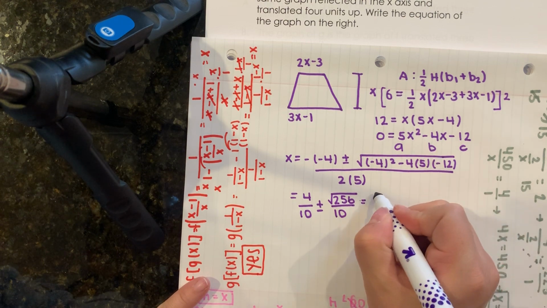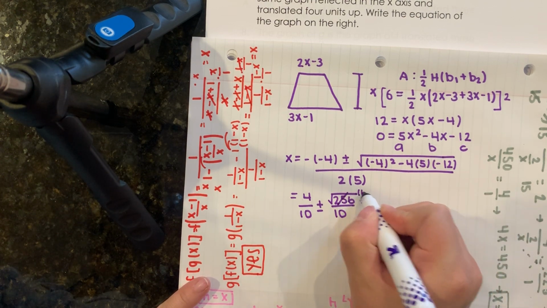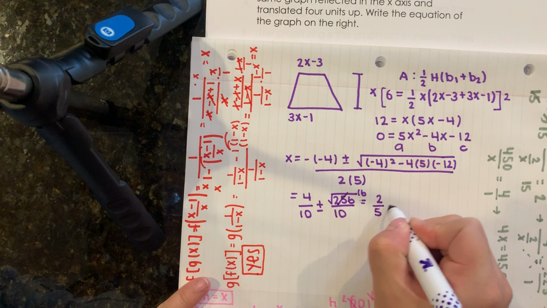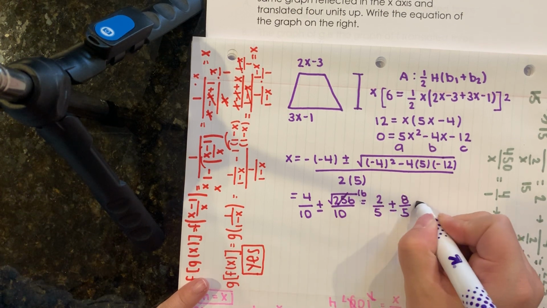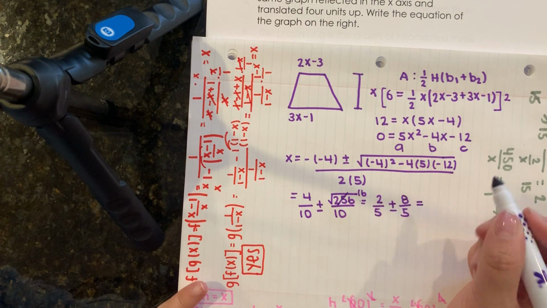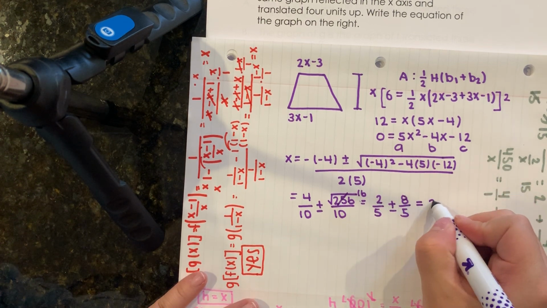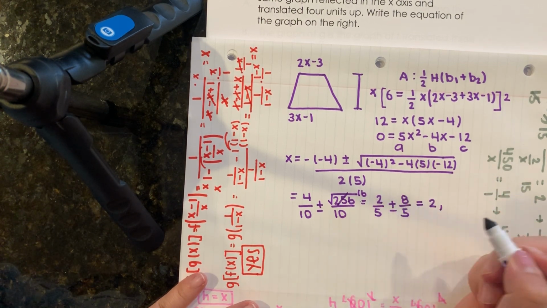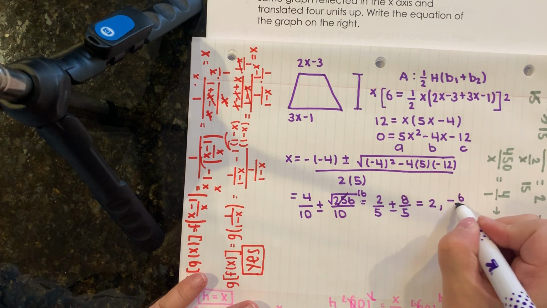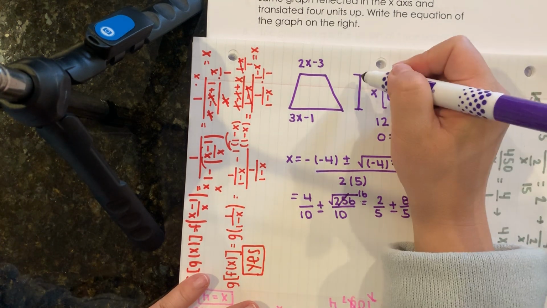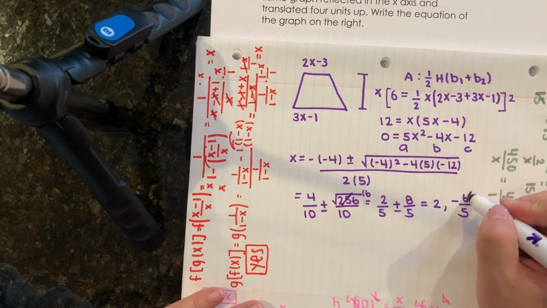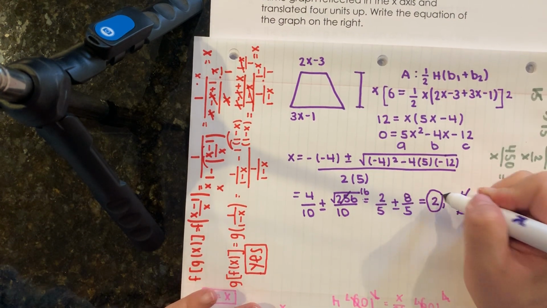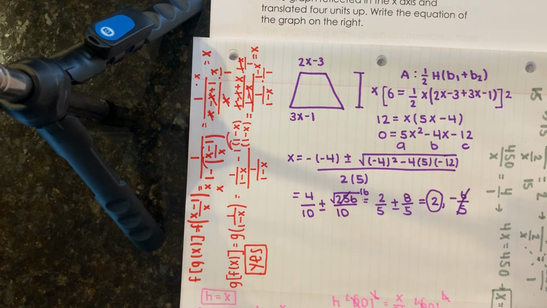So really what I have is 2/5 plus or minus 8/5. 2 plus 8 is 10, divided by 5 would be 2. 2 minus 8 would be negative 6 over 5. Now remember, your height was x. Your height can never be negative. So therefore, your only answer is going to be that x is equal to 2.